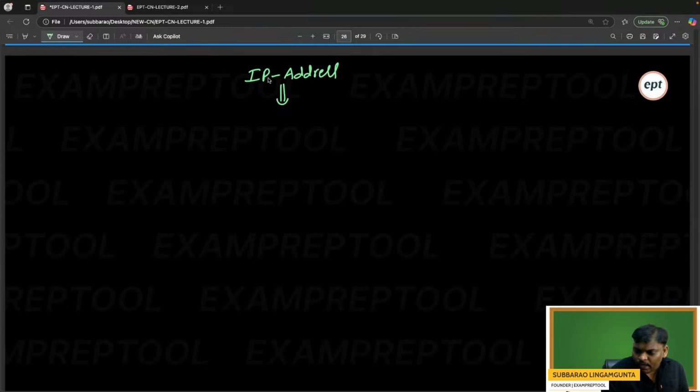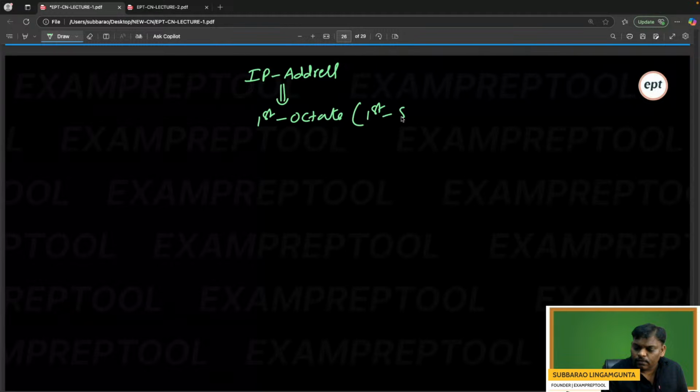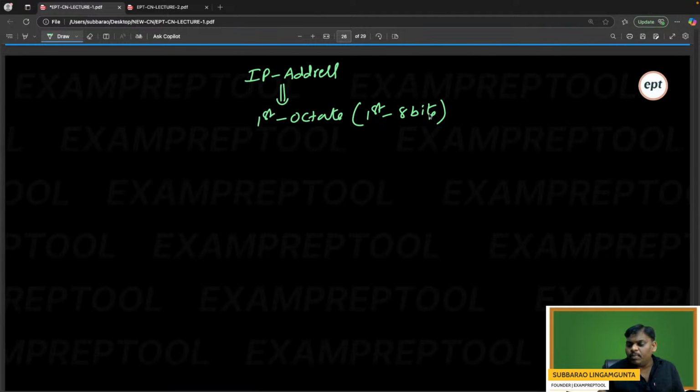From today onwards, whenever any IP address is given, take the first octet. That means the first 8 bits. Look only at the first octet.